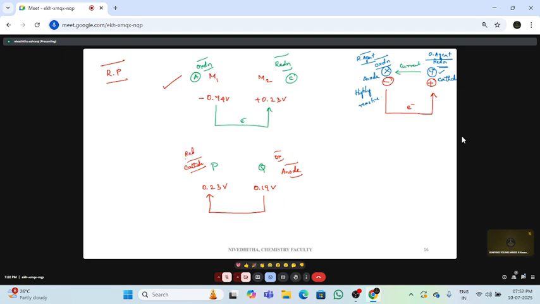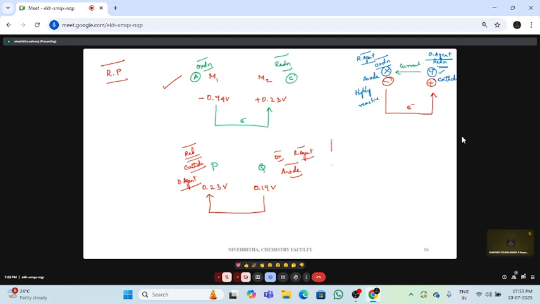Could you please tell me which is the oxidizing agent and which is the reducing agent? P is oxidizing agent, Q is reducing agent. That's it.